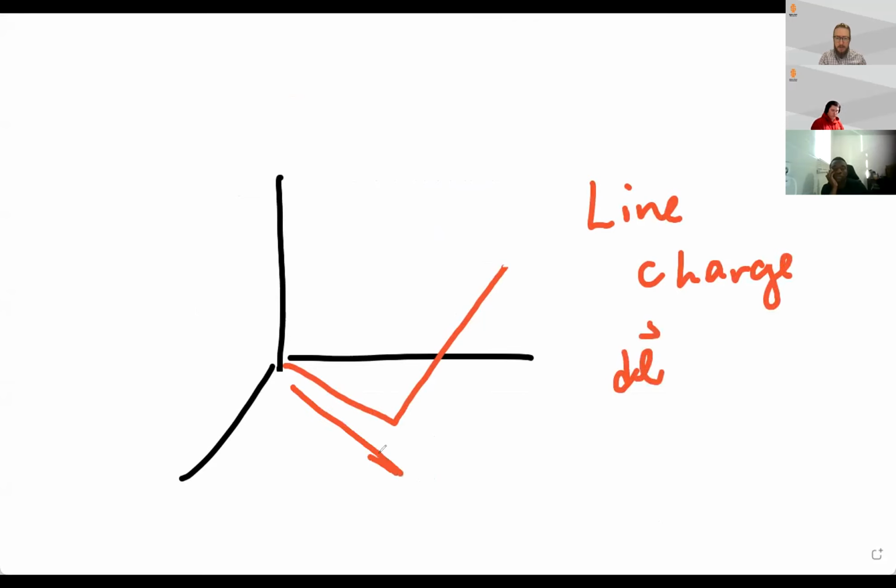You would have to choose one for here, break it up into two integrals. We won't do that in this class, but it is possible. In this class, we're basically going to be dealing with line charges that are conveniently on some axis for you.